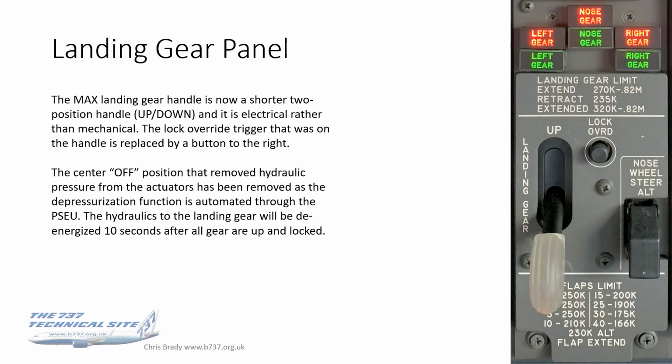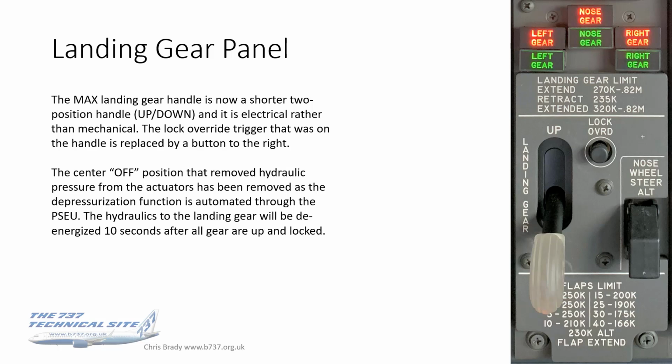There's no off position anymore on the Max, and trying to unlearn that motor memory of not going to the off position will be fun for all. The lock override trigger that used to be beneath the lever, because the lever is now so much shorter, has been removed and it's replaced by that lock override button just on the upper right of the lever.